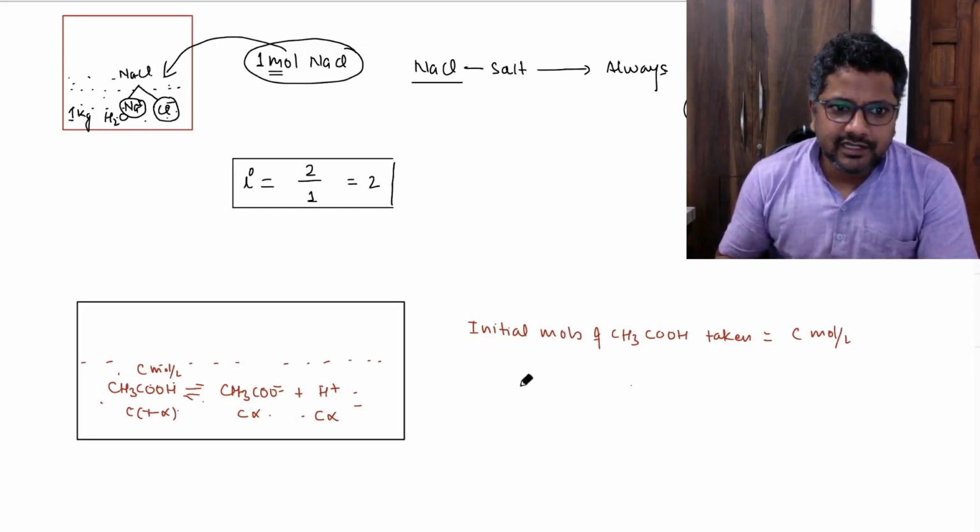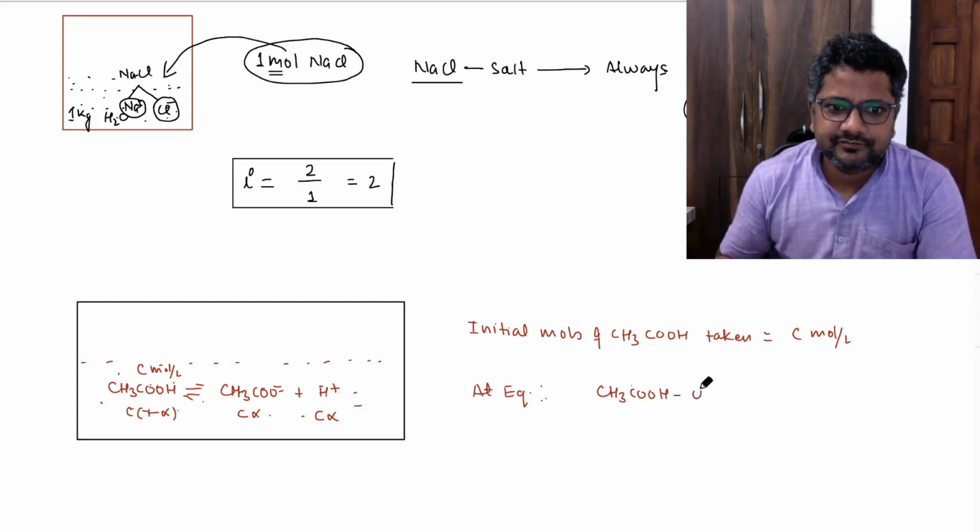At equilibrium, what species are present? Undissociated acetic acid, CH3COOH, is present. How much quantity is present? C into 1 minus alpha.